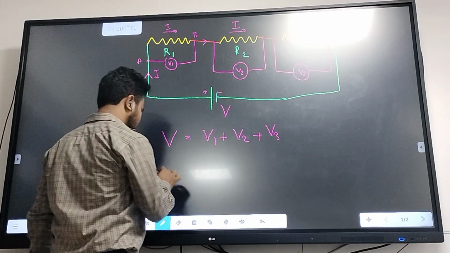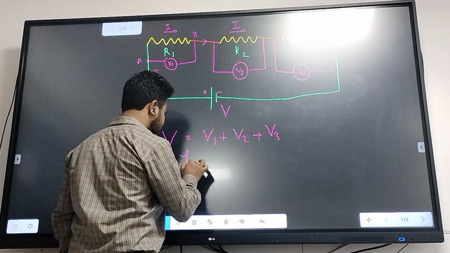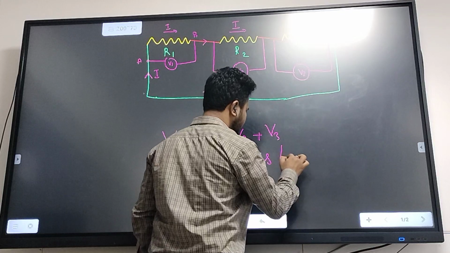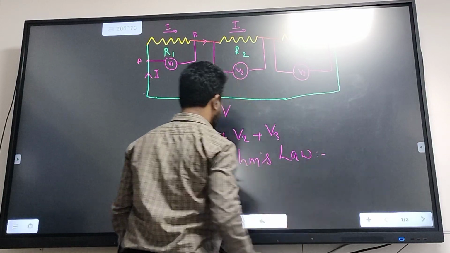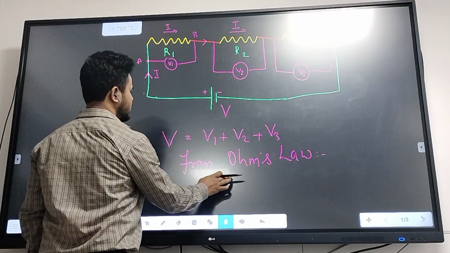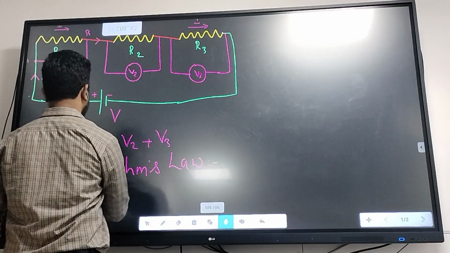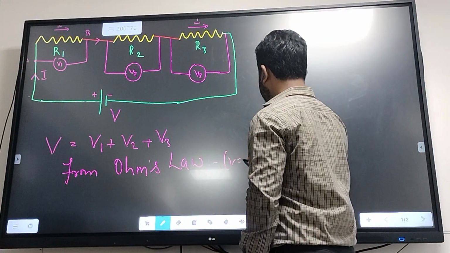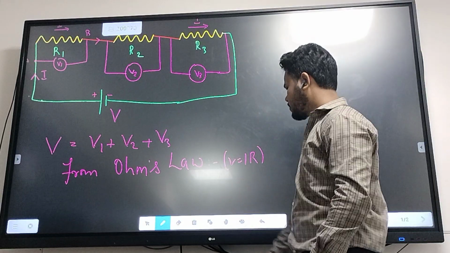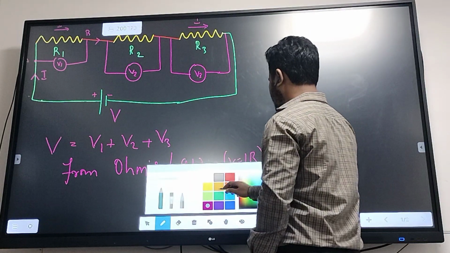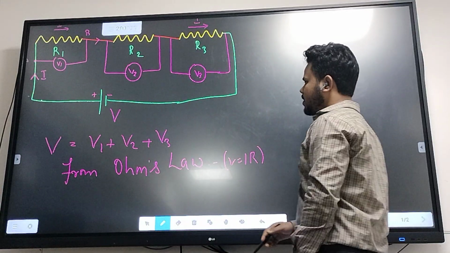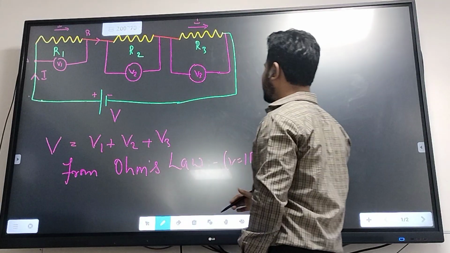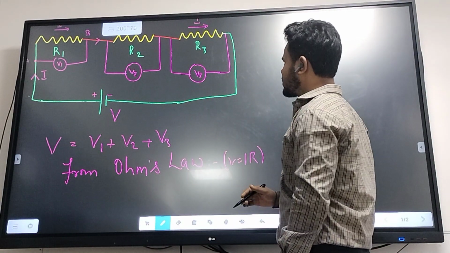Now from Ohm's law, we know that V is equal to I into R. V is the supplying voltage to all 3 resistances, so let's say the equivalent resistance is Re.